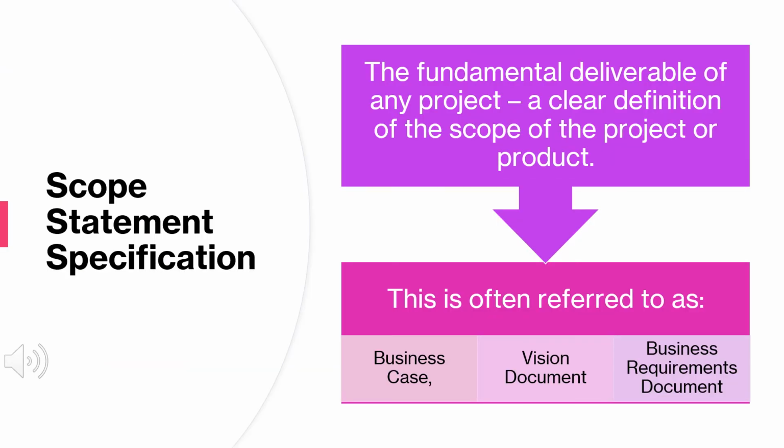And part of business analysis, ironically, is that before you start a business analysis, you probably need to do a scope statement specification report. Exactly what are you going to produce in your business analysis? Clearly define scope of the project or product.